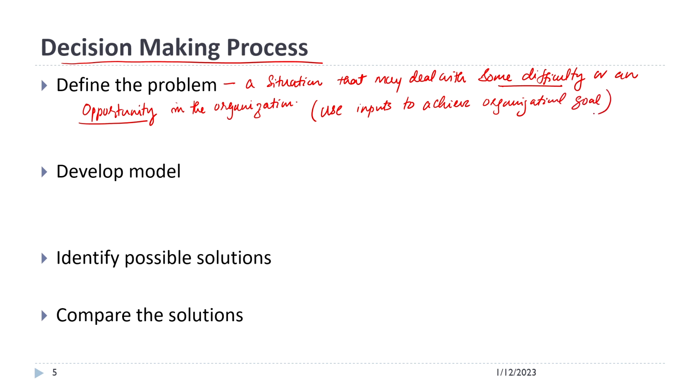So, if you are producing cars, produce better cars, more cars, make more money. If you are doing services, provide better services, provide service to more people, make more money, that kind of a thing. Okay. So, once you identify this problem, then comes develop the model.